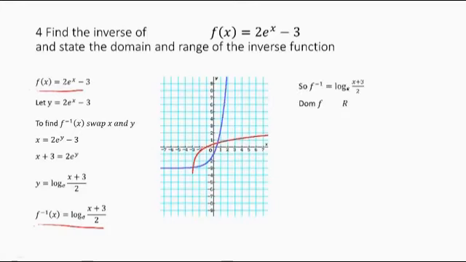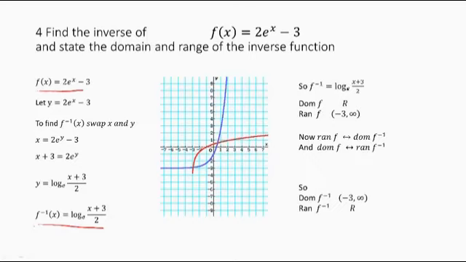For the original blue graph, the domain is all real numbers. The range is -3 to infinity. The range and the domain swap. So for the inverse, the domain is now -3 to infinity, and the range of the inverse is all real numbers.